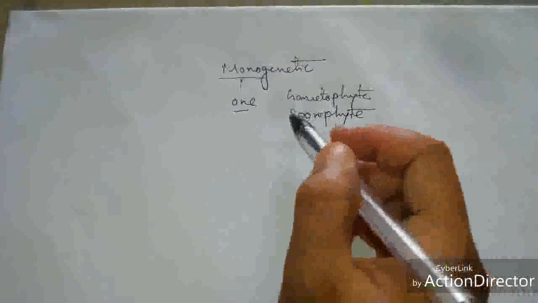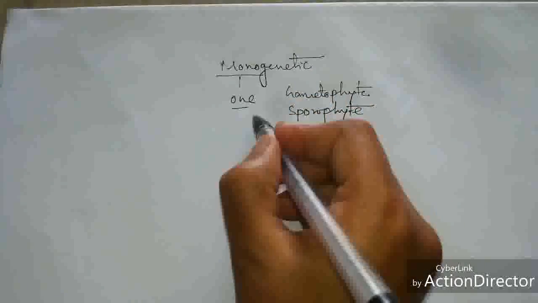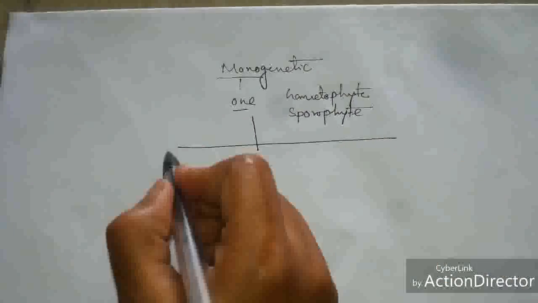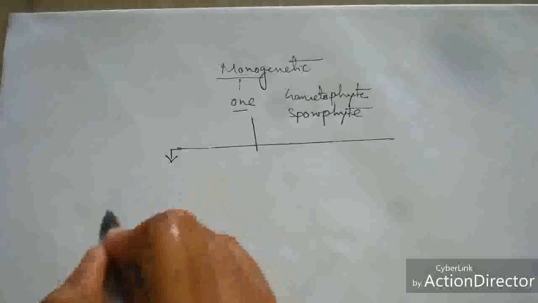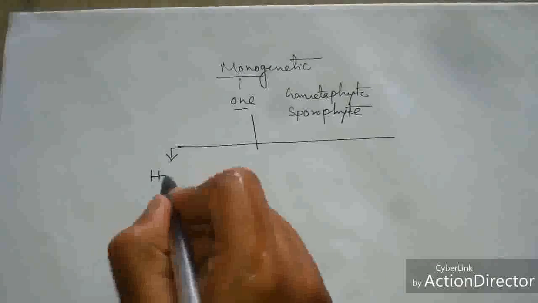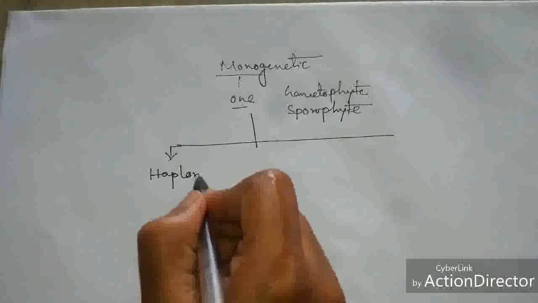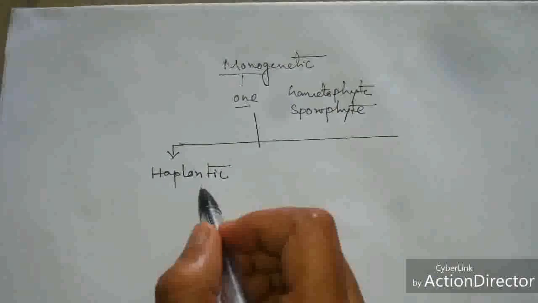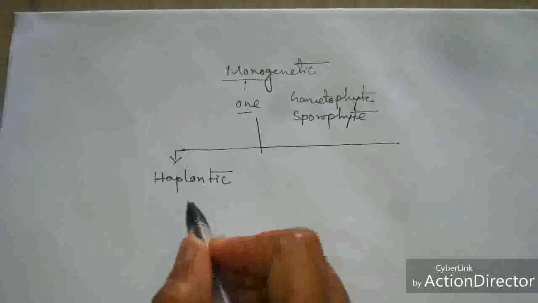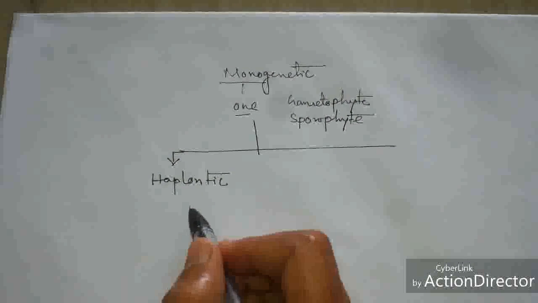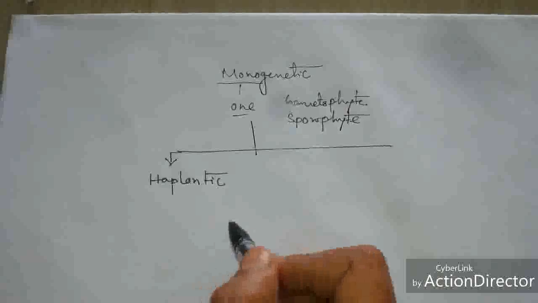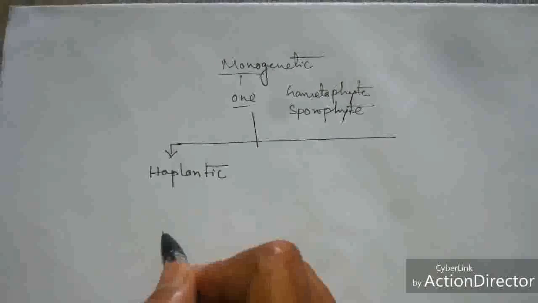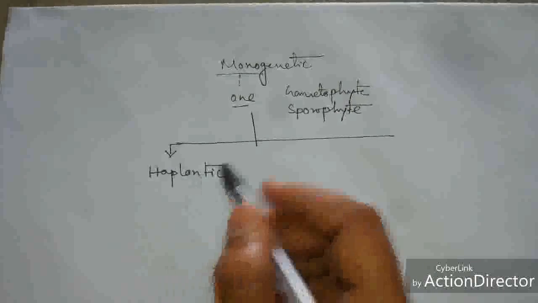Monogenetic generation is divided into two types. One is haplontic, which means the total generation goes on in haploid condition except the zygote stage.